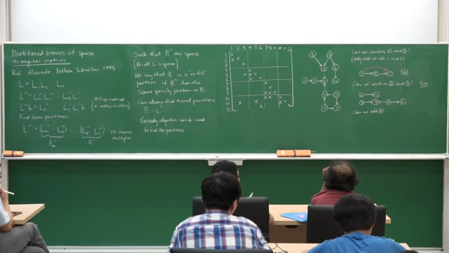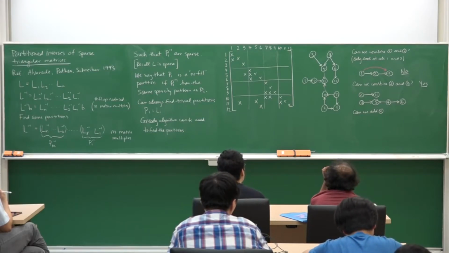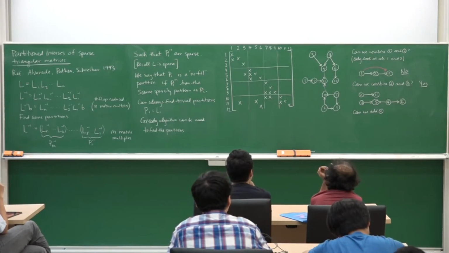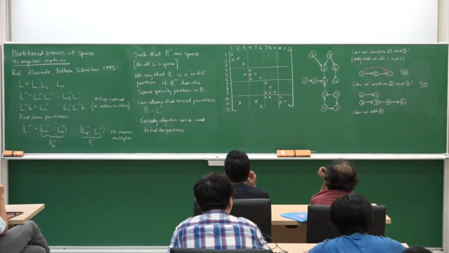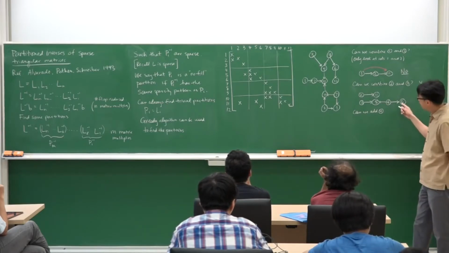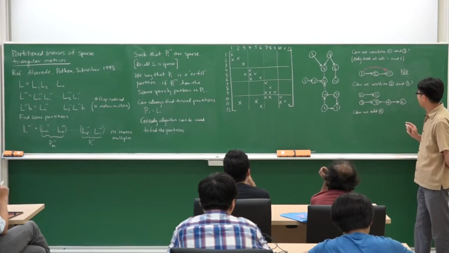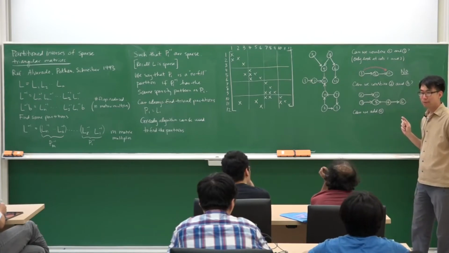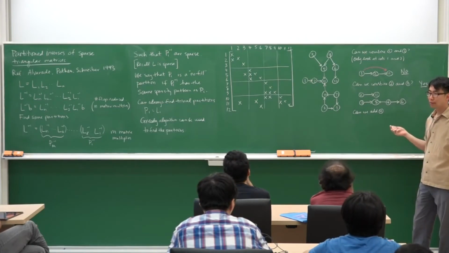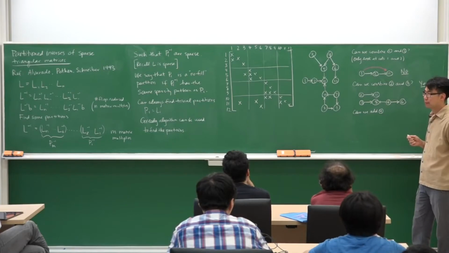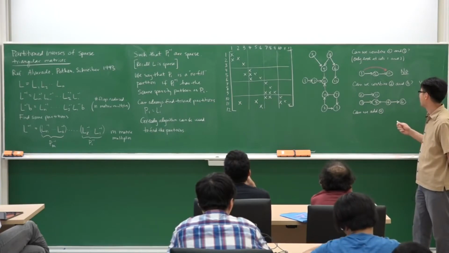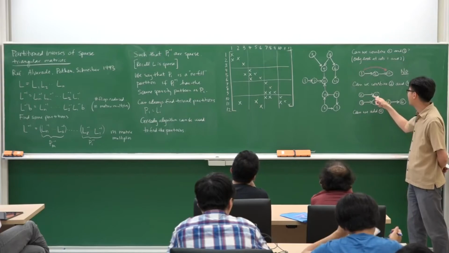Can we combine 4 with 2 and 3? You have to look at the graph and say, are there any paths in this graph that are longer than one edge, one step, that aren't already in the path?